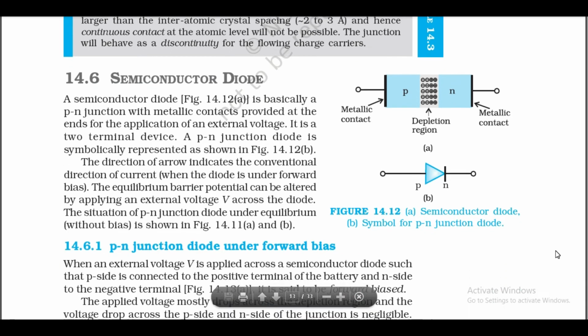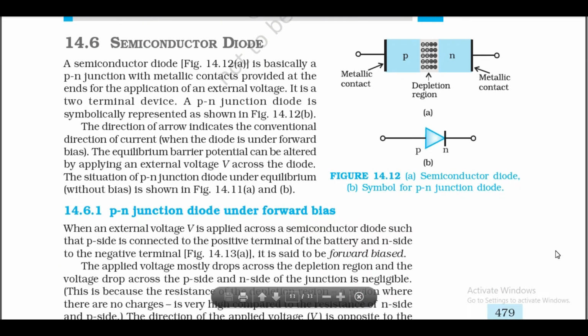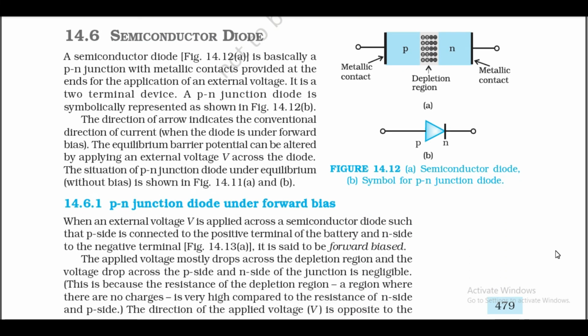14.6 Semiconductor diode. A semiconductor diode, figure 14.12a, is basically a PN junction with metallic contacts provided at the ends for the application of an external voltage. It is a two-terminal device. A PN junction diode is symbolically represented as shown in figure 14.12b.